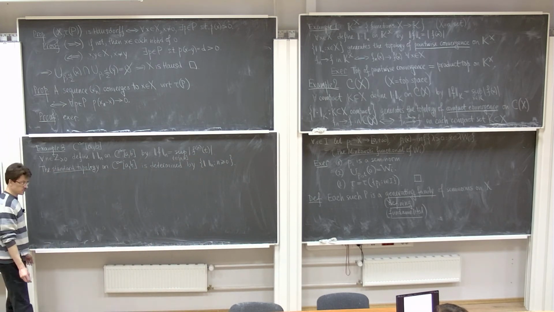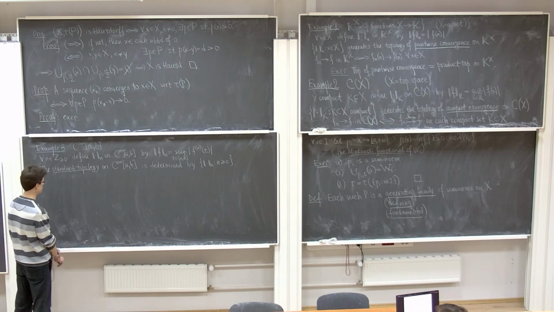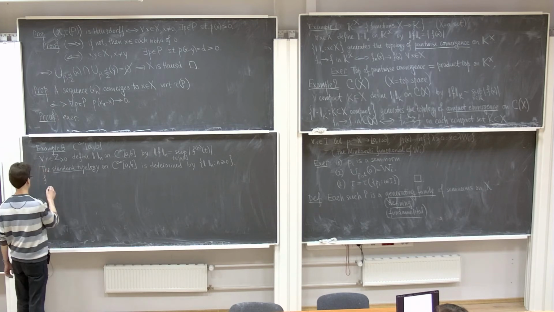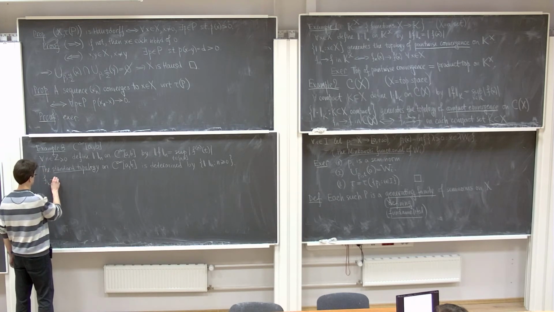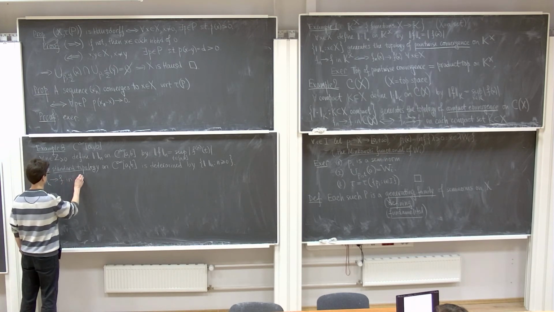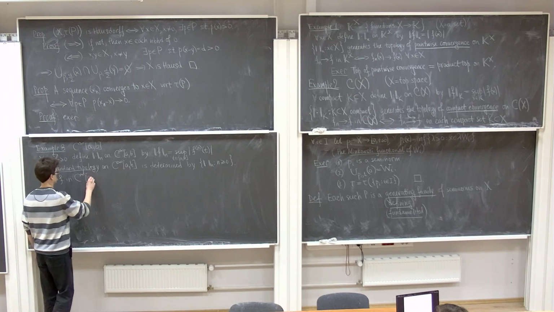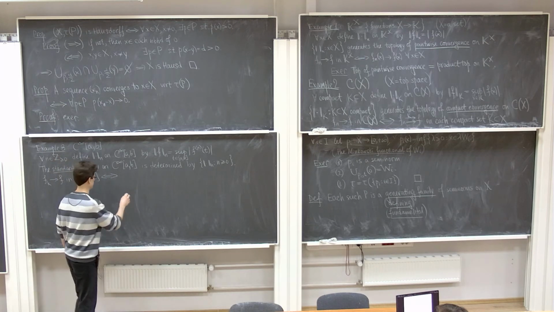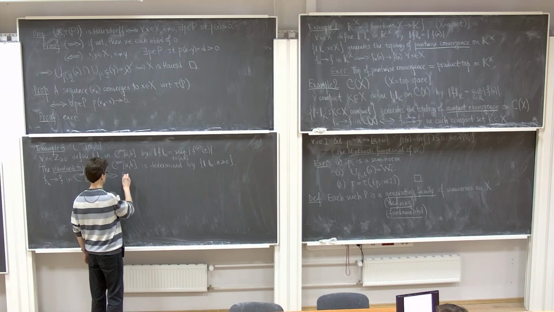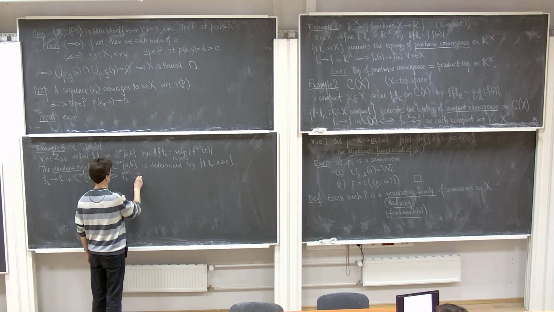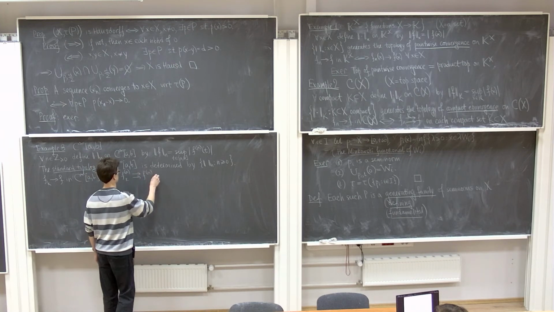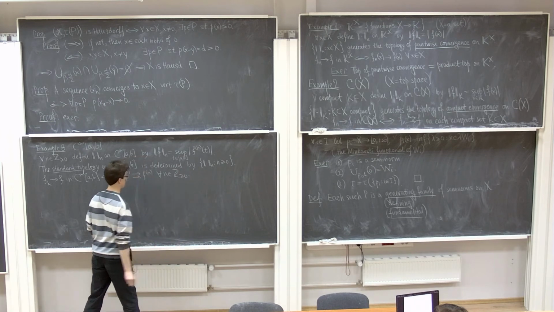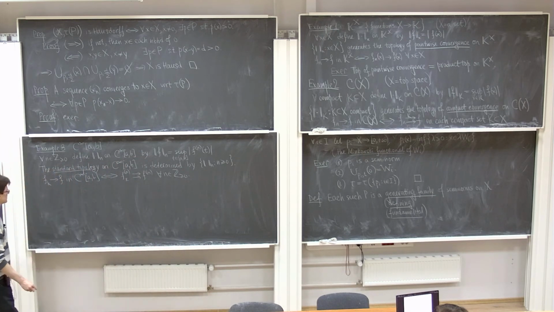Again, the convergence is easily described. A sequence f_k converges to f in this space if and only if it converges uniformly with all derivatives. So this is the topology of uniform convergence with all derivatives.